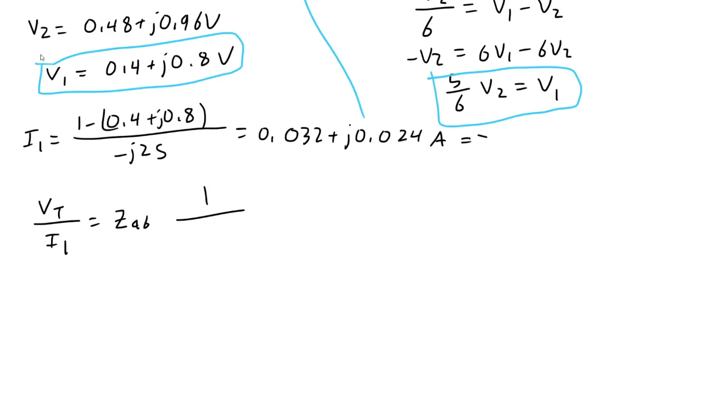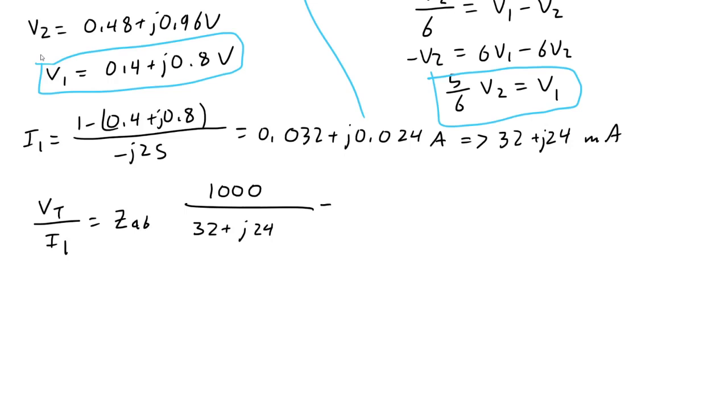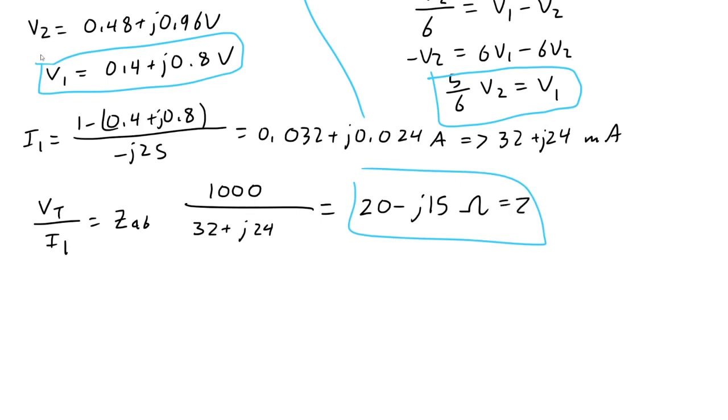So this is going to be 32 plus J24 milliamps. So that's going to make our top, I'll just make this 1,000, over 32 plus J24. End up getting 20 minus J15 ohms. And that is the ZAB for this circuit at this frequency.